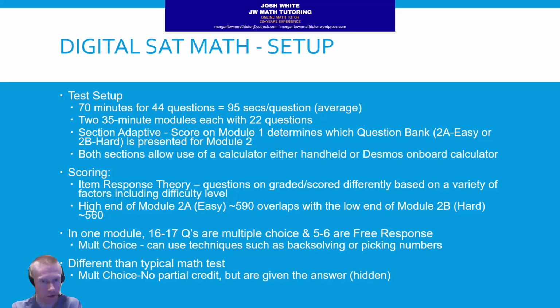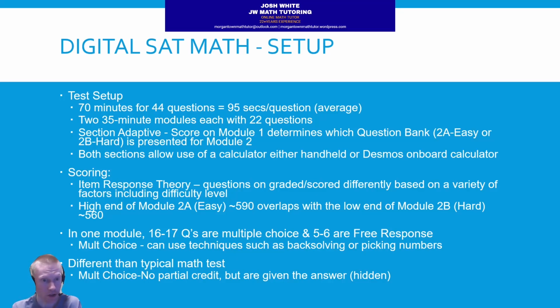Now, in terms of the scoring, the digital SAT is scored using something called item response theory. What happens is the questions are scored differently based on a variety of factors, and one of the most important ones is the difficulty level. On the paper-based SAT, essentially each question was worth 1 point, and you just add up your total, and that gets converted into whatever your score is.